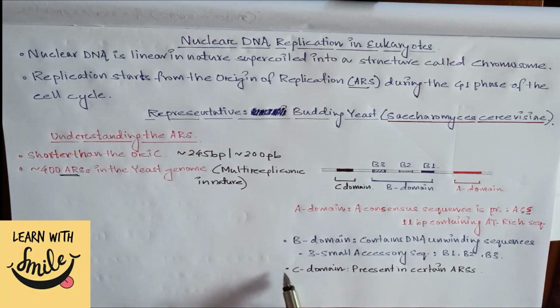Talking about the function of this C domain, it provides a platform for certain DNA binding proteins that may aid in the process of DNA replication initiation. That is, it acts as a stimulatory factor.